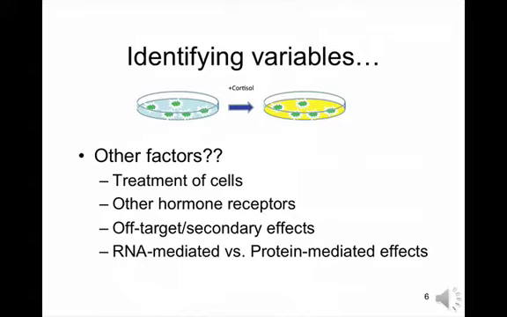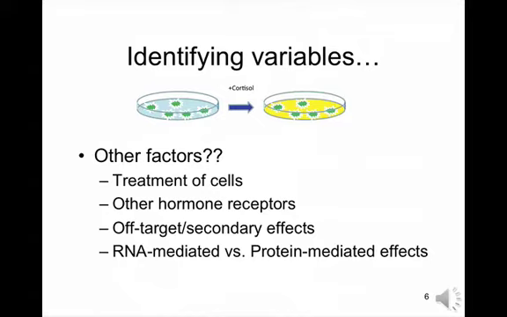There also could be other hormone receptors that are regulating the target. For example, even among glucocorticoids, there's two hormone receptors, the glucocorticoid receptor GR, but also the mineralocorticoid receptor MR. And based on the data that's displayed, you can't tell the difference, which one is involved.